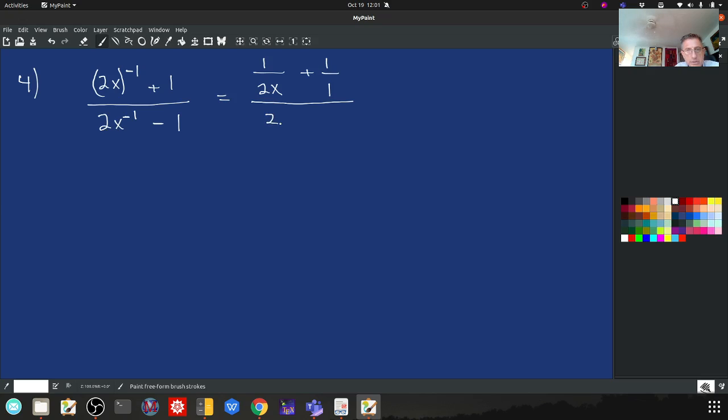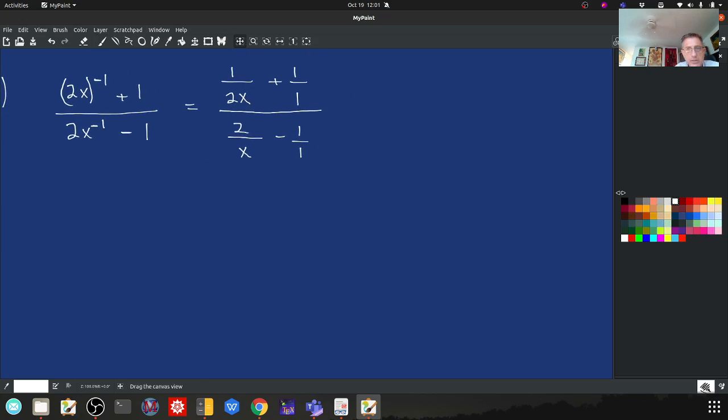So 2 stays in the top, and x to the minus 1 goes below the division line, minus 1 over 1. Now you don't really have to write these as fractions, but I went ahead just to emphasize that they are. And now I want you to automatically put these in parentheses. I'm just sensing that that's going to be helpful.